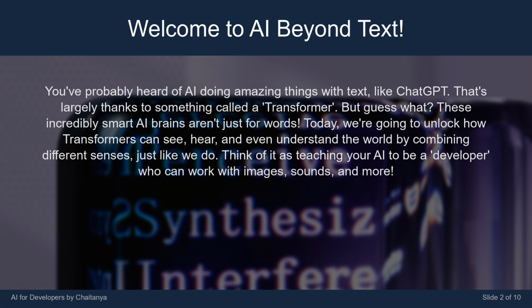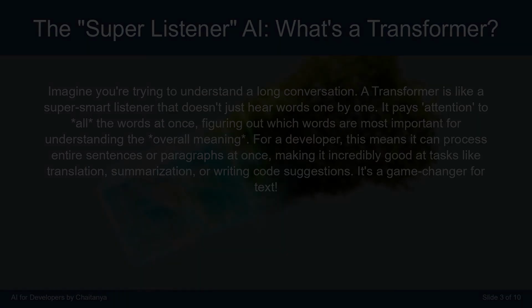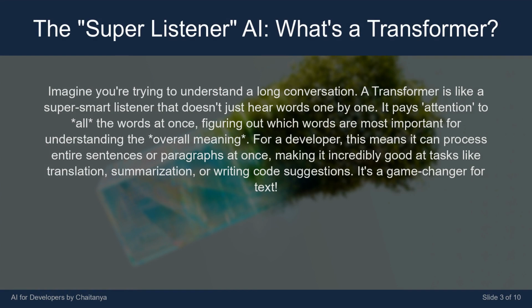Just like we do, think of it as teaching your AI to be a developer who can work with images, sounds, and more. Imagine you're trying to understand a long conversation. A transformer is like a super smart listener that doesn't just hear words one by one.